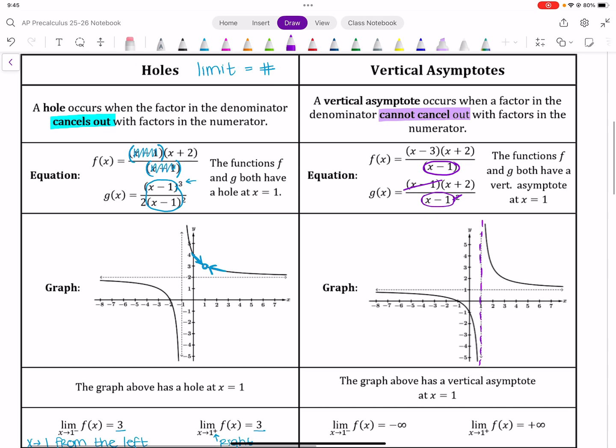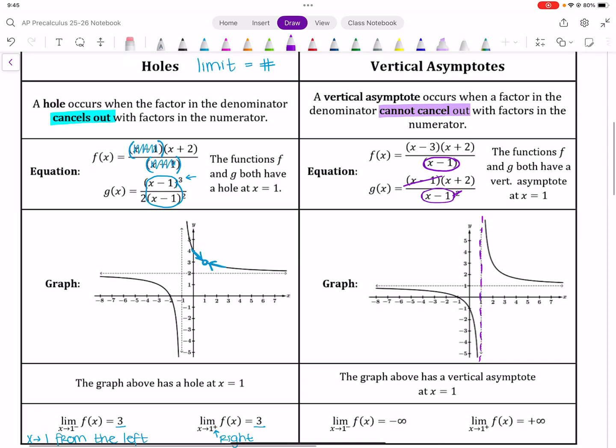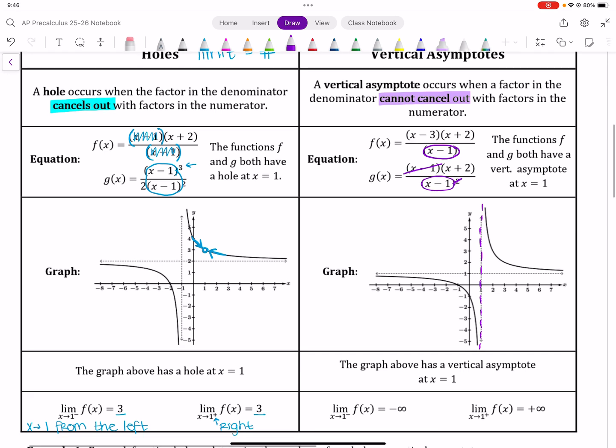And when we are looking at limits as we approach an asymptote, your limit will always be negative or positive infinity. So this one, as x approaches 1 from the left, y approaches negative infinity, or goes down.